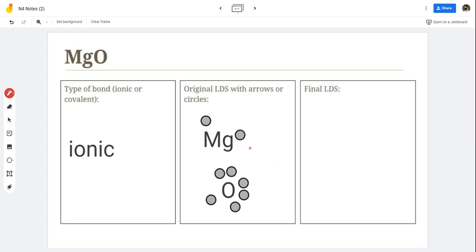Then with an ionic bond, we have to show arrows. So this electron is going to jump off the magnesium because oxygen is so close to having a full outer shell. This magnesium electron will also jump and fill the other spot. So that oxygen will finish with 8 electrons in its outer shell, which is a full shell.